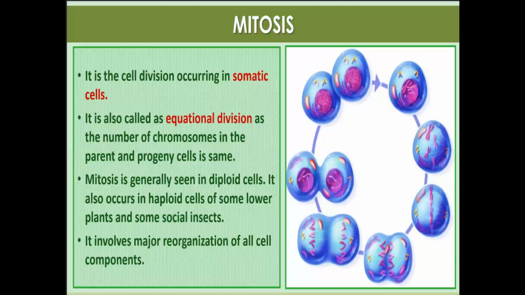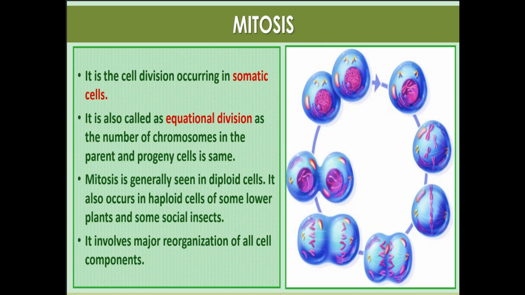Mitosis is a cell division that occurs in somatic cells, that is non-reproductive cells, the body cells. It is also called equational division because the chromosome number remains the same. If there are 46 chromosomes in one cell, after mitosis it will produce two cells which will have 46 chromosomes.